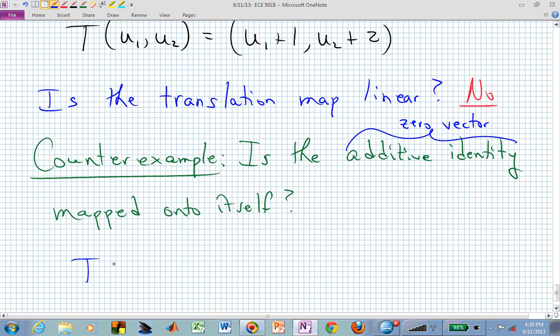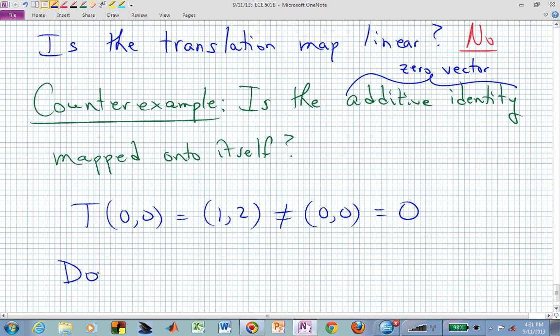Meaning if we start with T and operate on the zero vector, which is 0, 0, u sub 1 is 0, u sub 2 is 0, from our translation map, what does that end up being? That ends up being 1, 2. And I hope that's clear that that's not 0, 0, which we could maybe shorten to be 0. And so this map does not satisfy homogeneity.